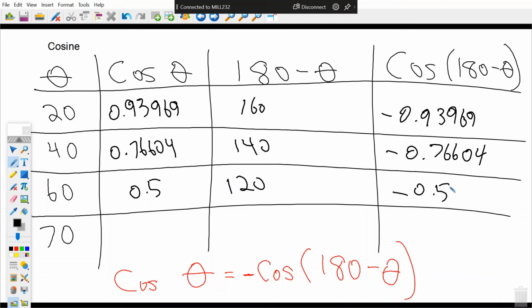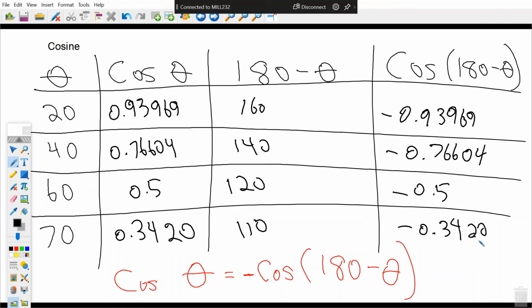It's going to remain the same, where the 180 minus the angle will give you the opposite of it. It'll give you the negative 0.3420.